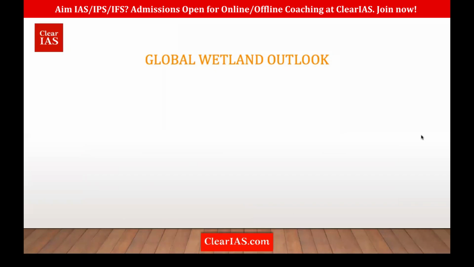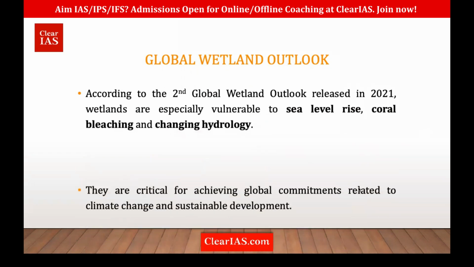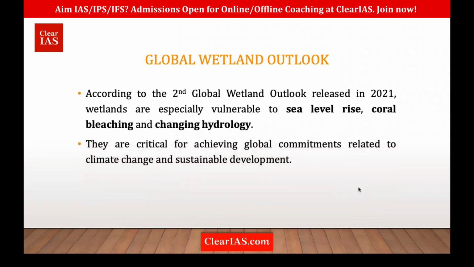Okay. In the Global Wetland Outlook of the Ramsar Convention, in the second outlook, three issues were identified. That is sea level rise, coral bleaching, and changing hydrology. So wetlands are vulnerable to these impacts: sea level rise, coral bleaching, and changing hydrology. Okay. And if the government is trying to conserve the wetlands, such impacts could be reduced.